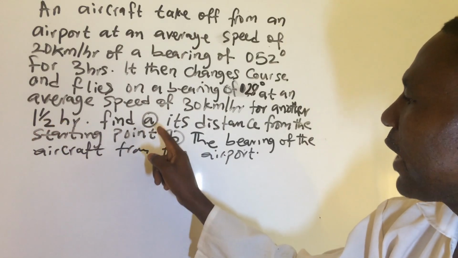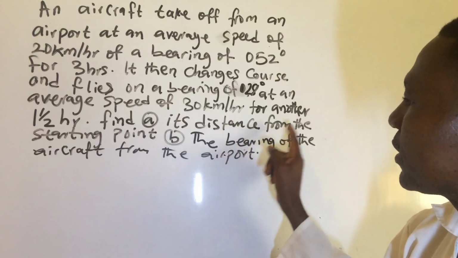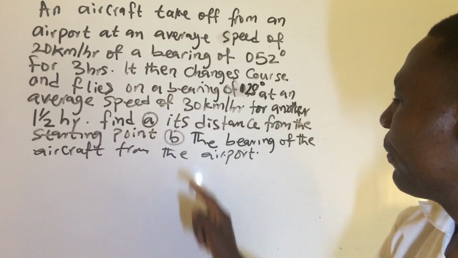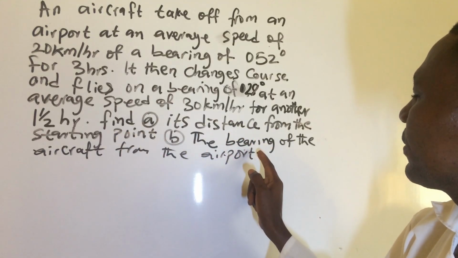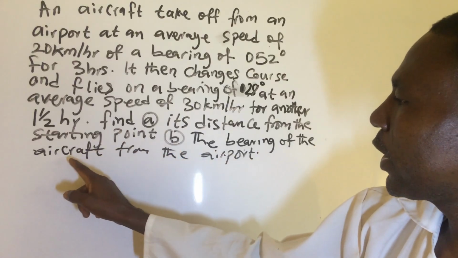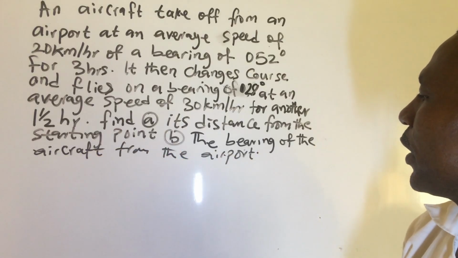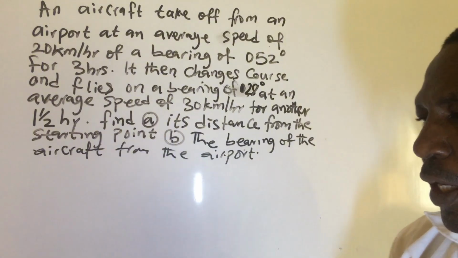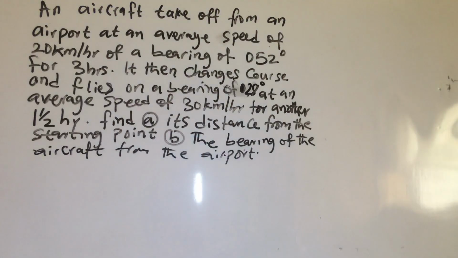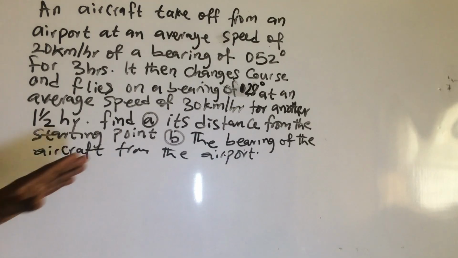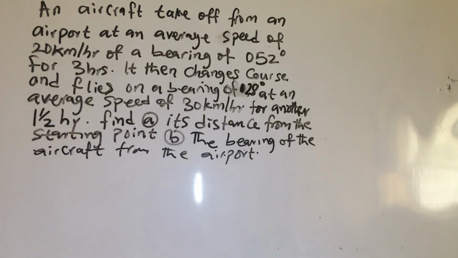Now the question says, find (A) its distance from the starting point, (B) the bearing of the aircraft from the airport. Without wasting much time, the first thing to be done on this question is to sketch the diagram to enable us solve it.